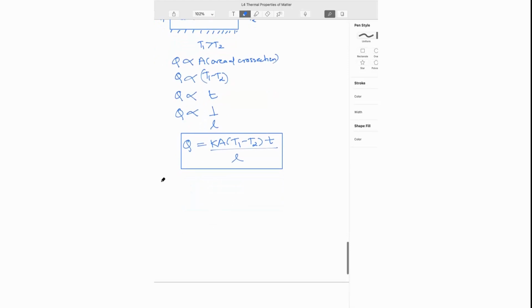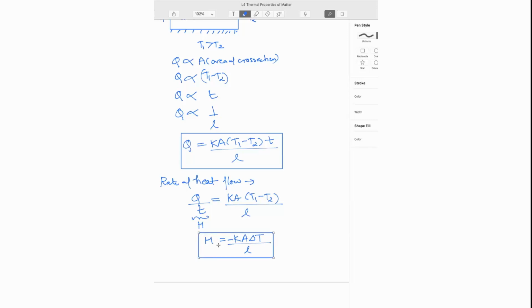If you want to find the rate of heat flow, that is Q by t, which is K A (T1 - T2) divided by L, and we generally call this H. So H = K A delta T by L, with a minus sign if you take delta T. We can also write this as H = -K A dT by dx, if this direction is x, giving the temperature gradient in this direction.